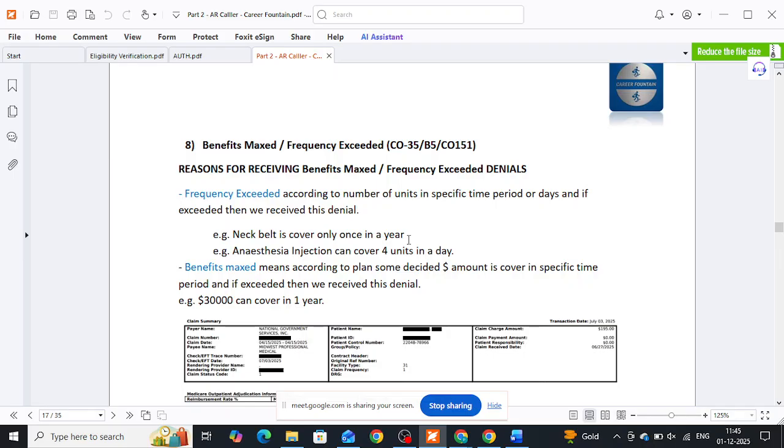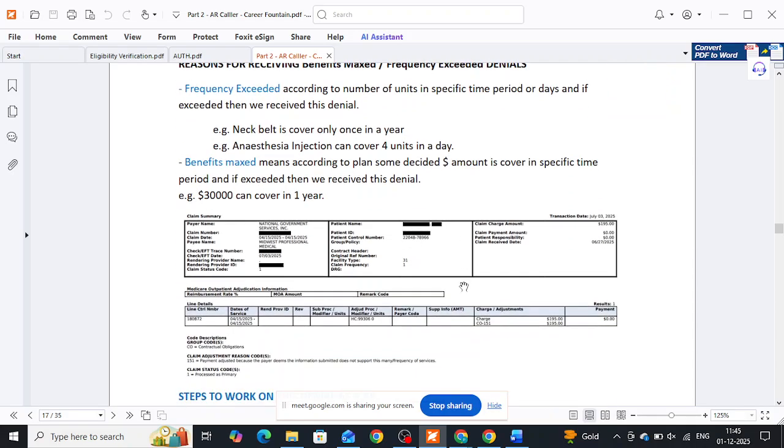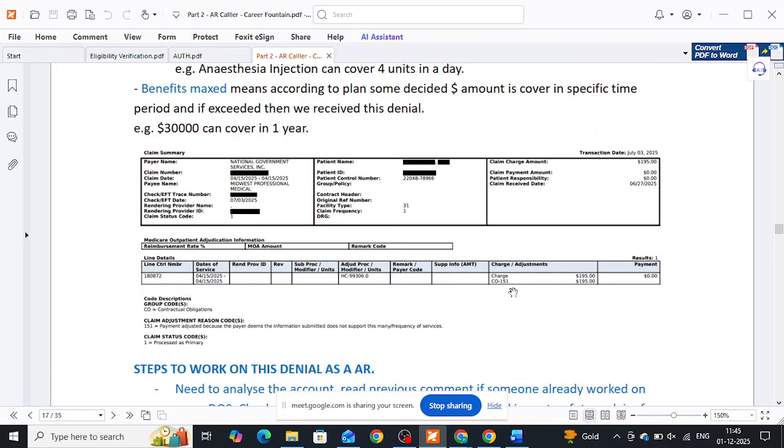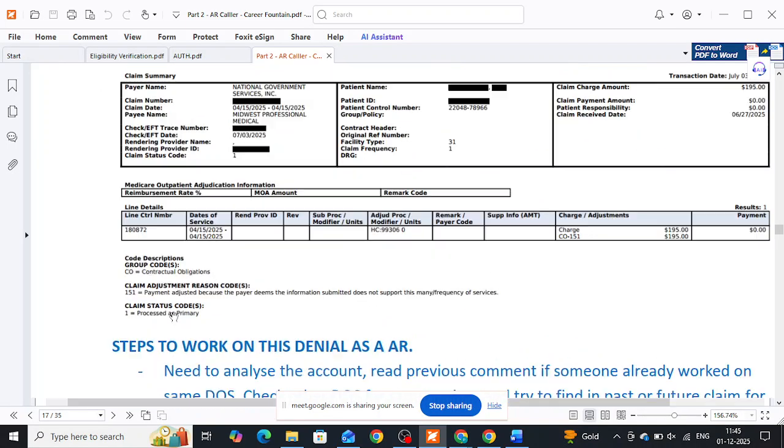If they are talking about the number of units being exceeded, then they will deny for frequency exceeded. So depending on the EOB, we can check the explanation as well. Here you can see CO 151 and the explanation is: payment adjusted because the payer deems the information submitted does not support this many or this frequency of services.